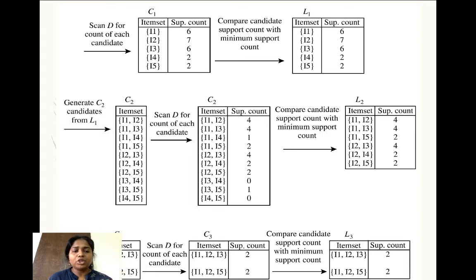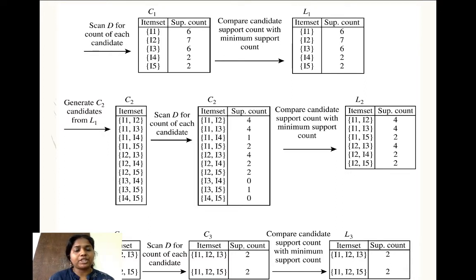Now from L2 I need to generate C3. Here is where I am going to use the a priori principle. Now when I try forming the three item set from L2, look at the first three elements of L2. It has got I1, I2, I1, I3, I1, I5. So the predecessor is going to be I1.